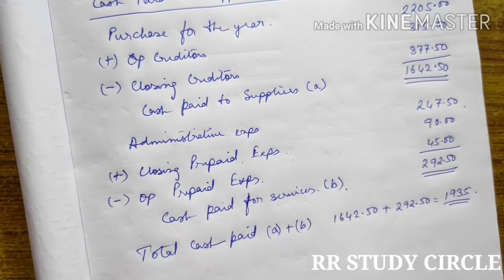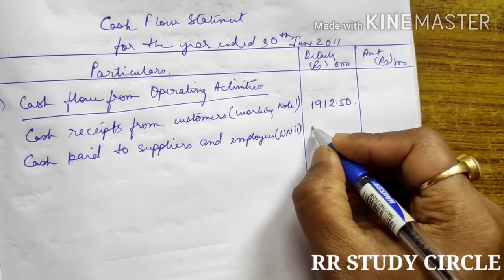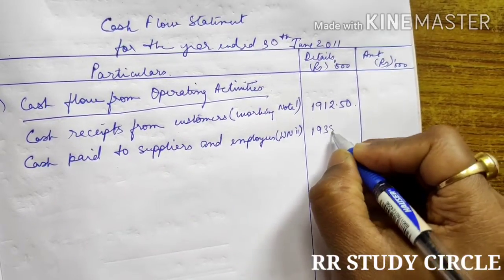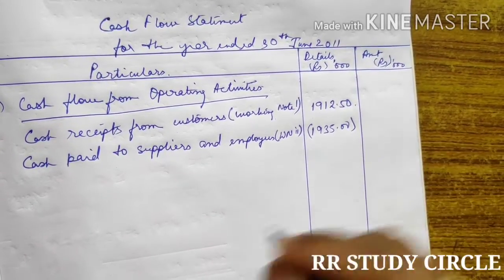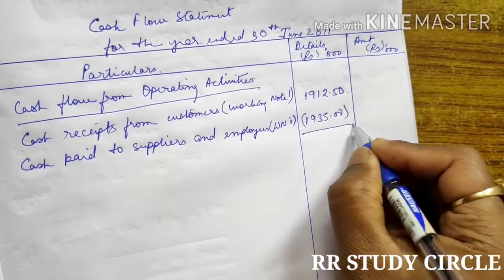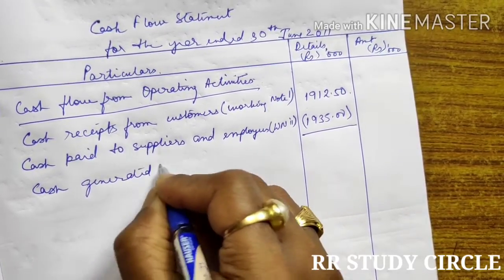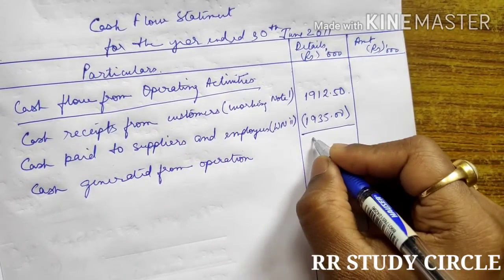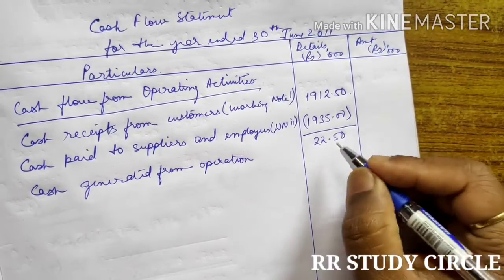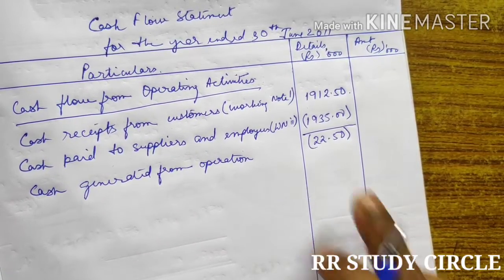So this is the amount which will be transferred to cash paid to suppliers and employees. 1935.00. As this is the amount which has been paid, it will come within brackets. Okay, so the cash generated from operation is rupees 22.50. Because the negative figure is bigger, this amount will be in brackets because it is negative.